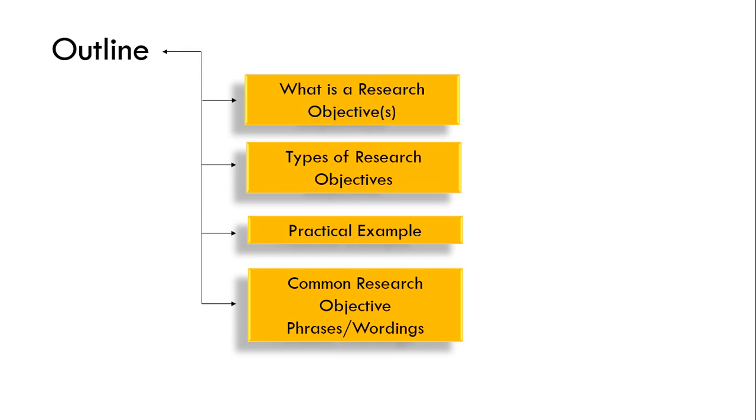Similarly, we're going to look at the types of research objectives, and we're going to also have a practical example of how we can determine our research objectives. Thereafter, we'll go to the common phrases and wordings that are used in research objectives.